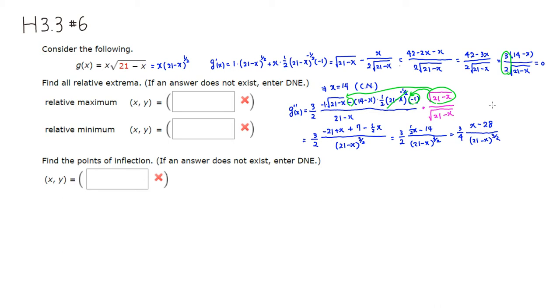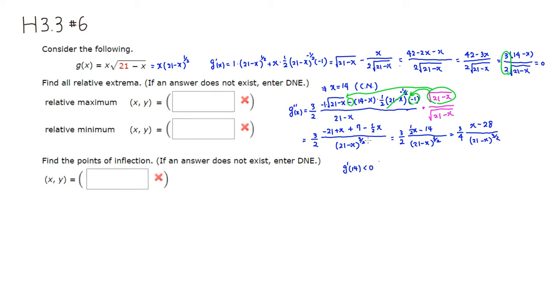So let's do the second derivative test. We found that x equals 14. So it's g double prime of 14. I just want to know if it's positive or negative. If you plug in 14 here, the numerator is going to be negative and the denominator is going to be positive, so it's going to be negative.